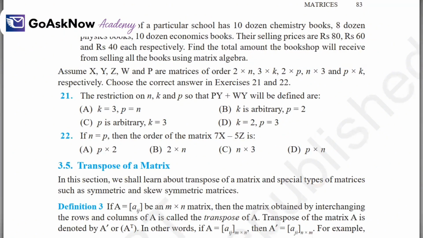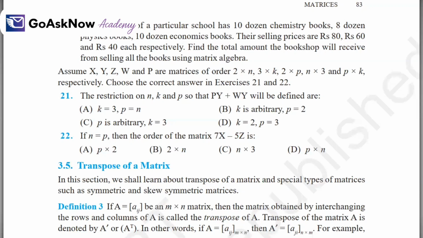So what will be the restriction on n, k, p? In PY, the number of columns of P must be equal to the number of rows of Y. The number of columns of P is k, and Y has 3 rows. So k must be equal to 3 here.